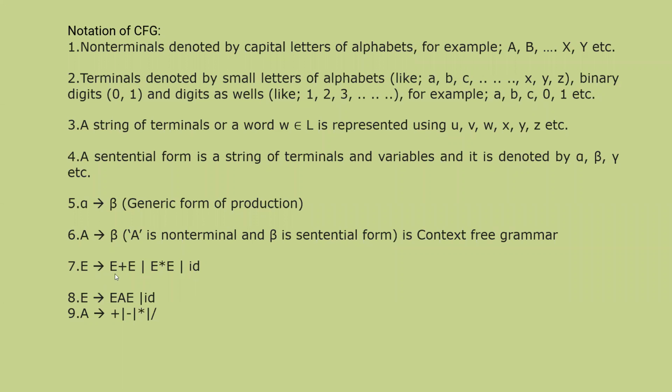So E produces E plus E, or E into E, or ID. Then you can write the same production rule from point 7 in this way: E produces EAE or ID.